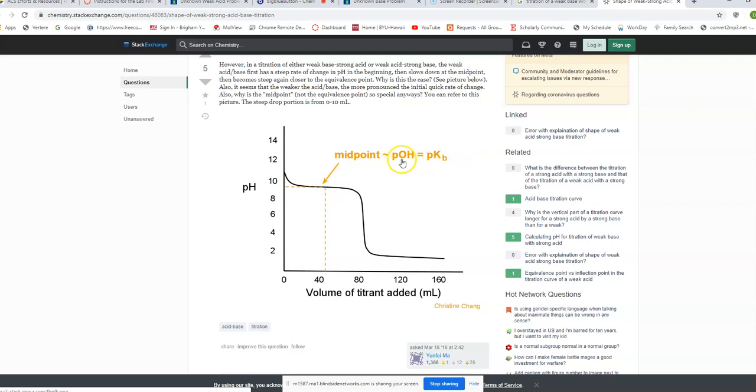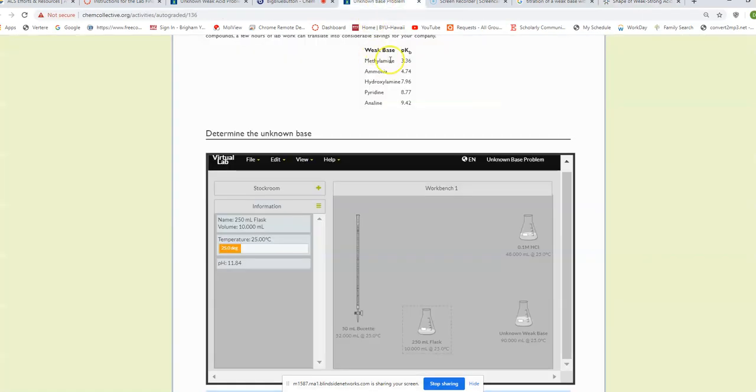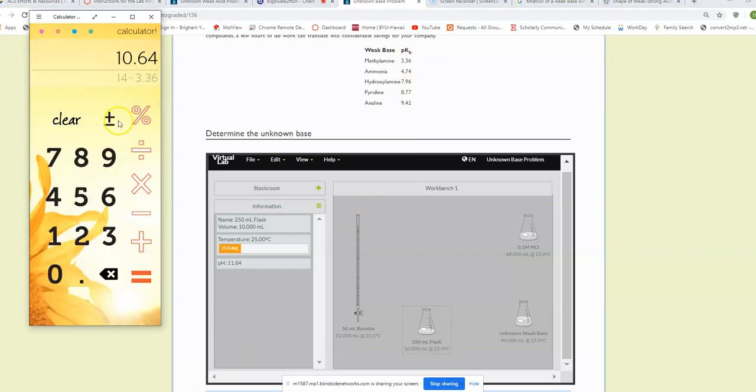So if the pKb is 3.36, our pOH should be 3.36, and we decided that would mean a pH of 10.64. So we want to perform a titration and reach 10.64 and then calculate the volume added. Right, Alyssa? Does that sound familiar?